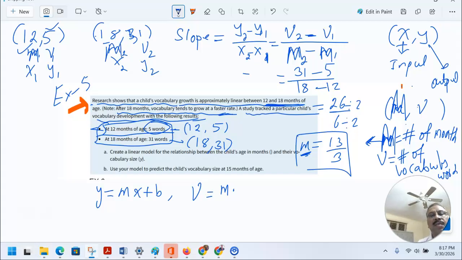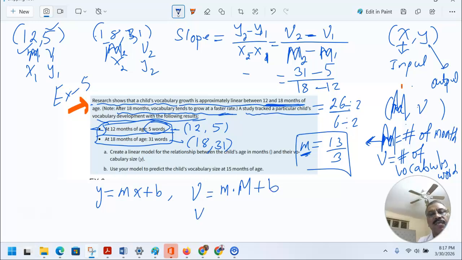So this one is m times, where the variable stands for months passed by, uppercase M, and then plus B. B is what we don't know.